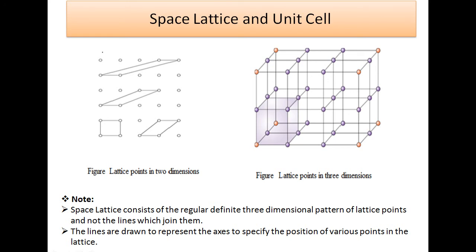These lines are not included in the space lattice. The lines are only drawn to specify the position of the various points. The space lattice is only the 3-dimensional arrangement of these lattice points.